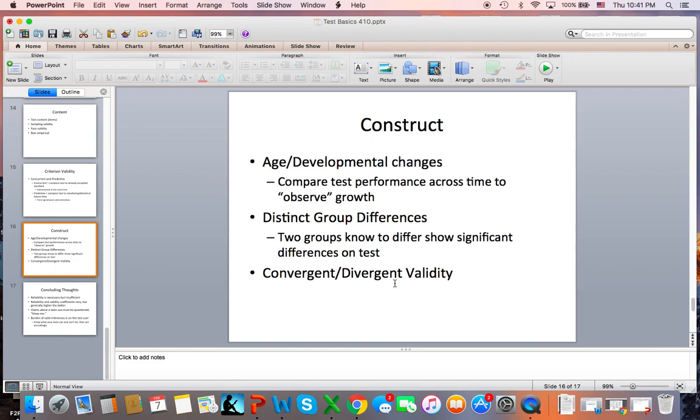Then there's also distinct group differences. So within distinct group differences, you have two groups that have a known difference on a particular test. An example of that would be, let's say you have a math test that you're trying to see if it's sensitive to distinct group differences.